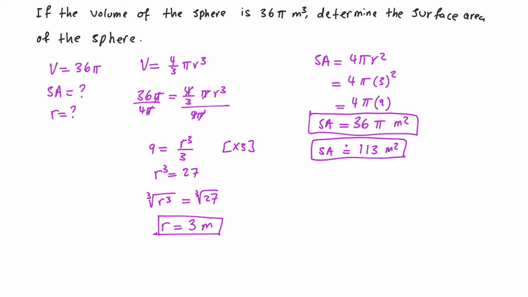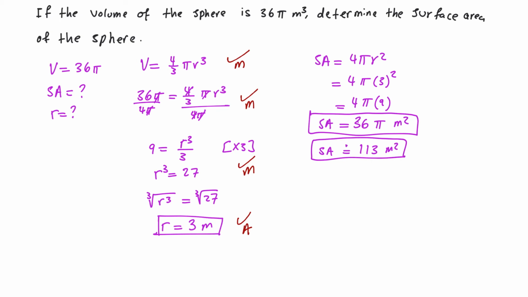This is very similar to a question that we had done previously as well. So the steps you would have to show for a question like this would be understanding that you have to use the volume equation to find the radius as an accuracy, and method marks for plugging it into proper equation and doing proper procedures to get to that r value.